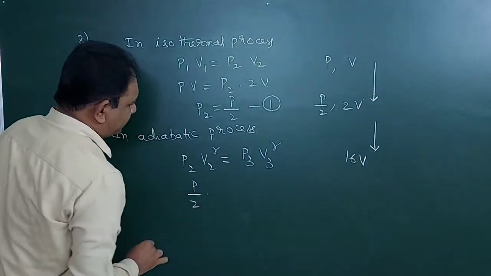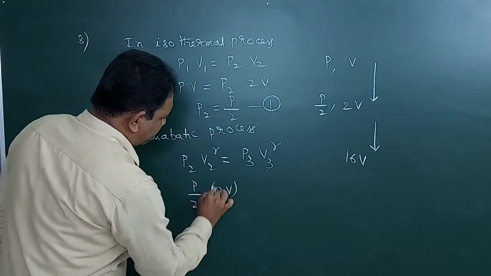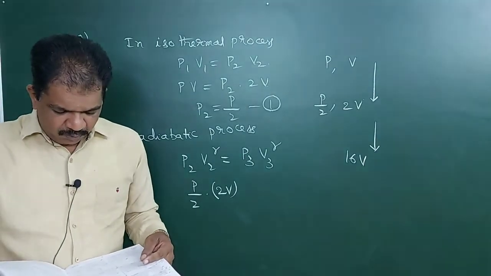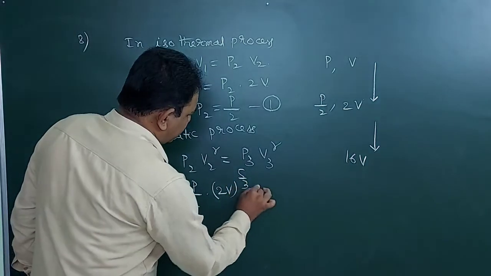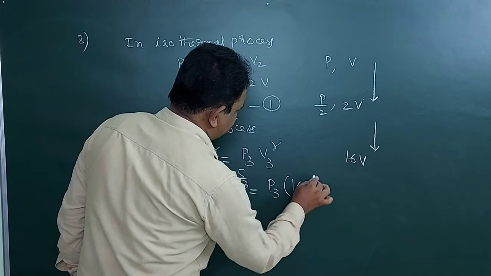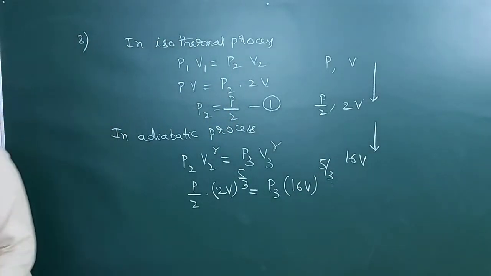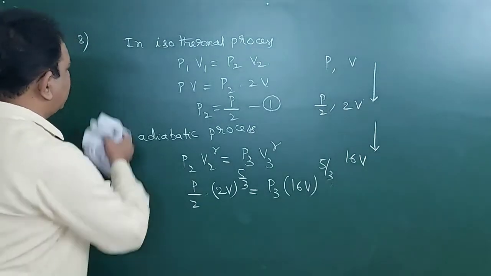P by 2 into 2V power gamma. Which gas is this? This is monoatomic gas, so gamma is 5 by 3. This equals P3 into 16V whole power 5 by 3. Then find the P3 value, that will be the answer.